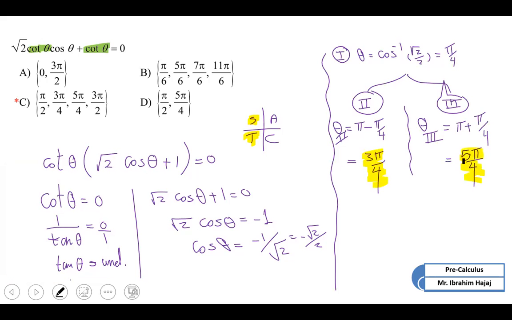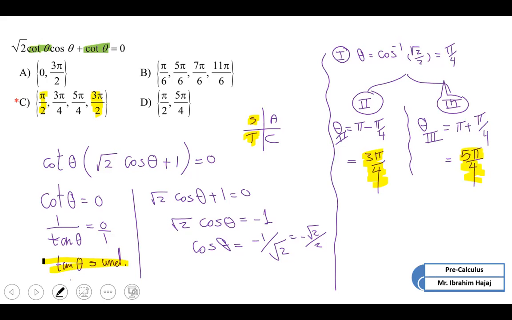But why does letter C have two other solutions, pi over 2 and 3 pi over 2? I know that in this class all of you are excellent. Why pi over 2 and 3 pi over 2? Because the vertical asymptotes of the tan function lie at all odd multiples of pi over 2.